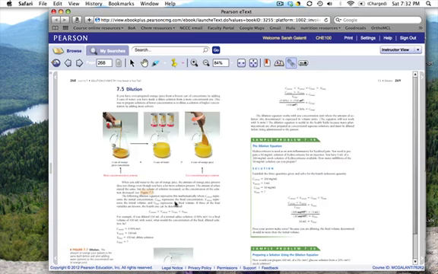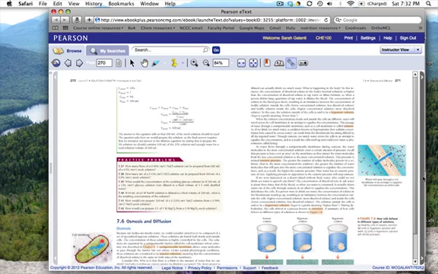You do need to know how to do dilution problems. There is a dilution problem. So that's 2 math problems there.